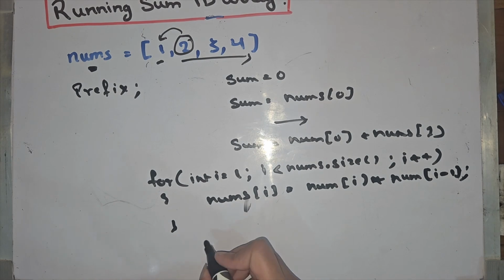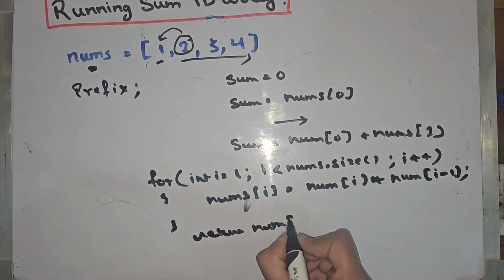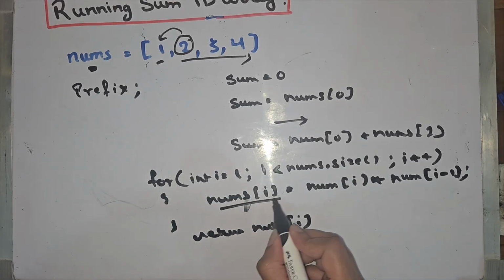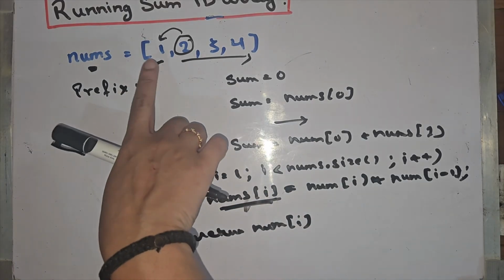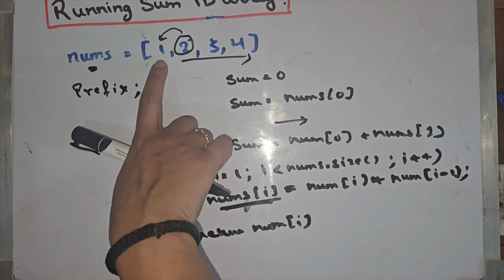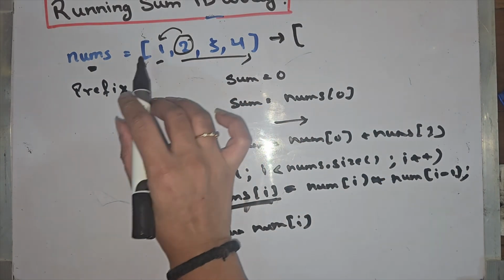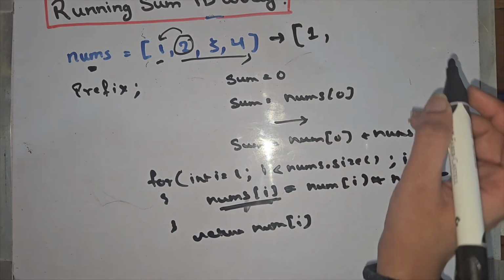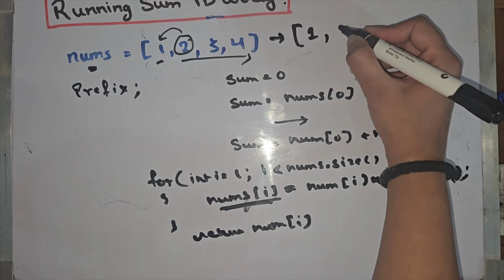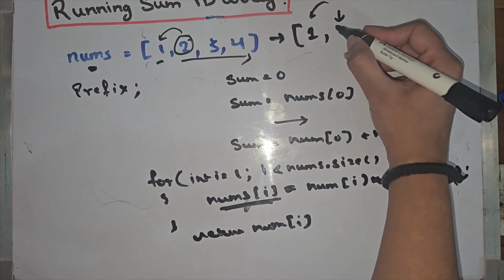In this we are modifying the existing array. We have nums of I and we are modifying it to nums of I plus whatever is the previous one. So for the first element it will remain the same always. For next element we are doing this element plus the previous element, so this will make it 3.